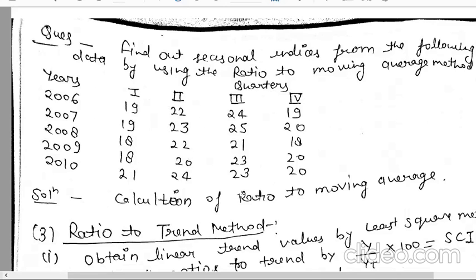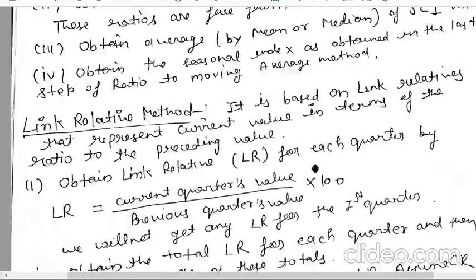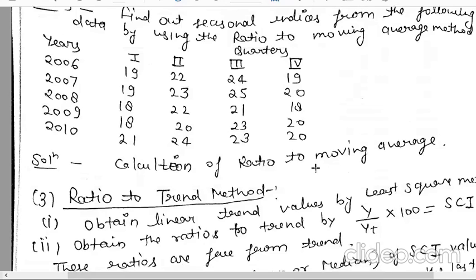You will apply the method, dividing the years into quarters: first quarter, second quarter, third quarter, and fourth quarter, right? Okay, there is a page missing here. Don't worry, I have already told you about ratio to moving averages.